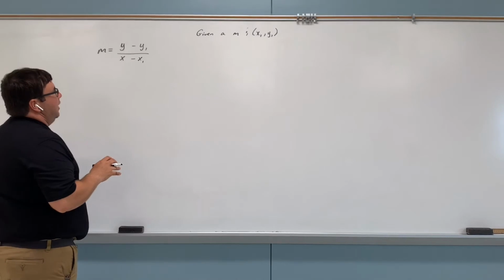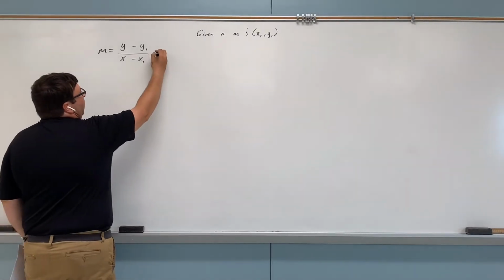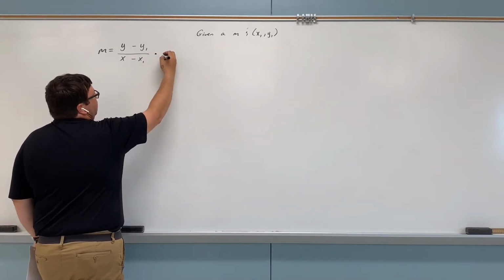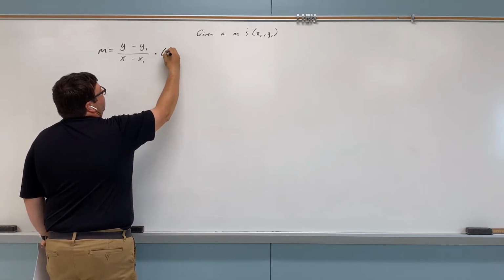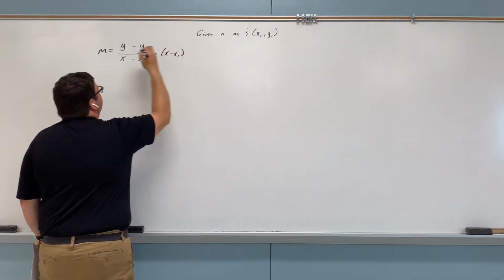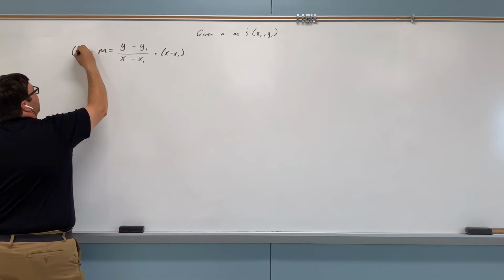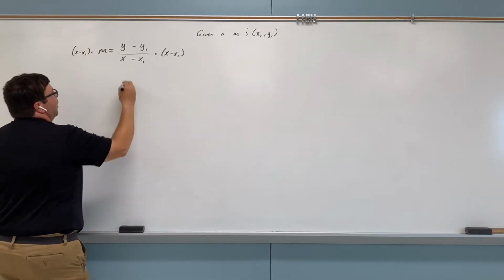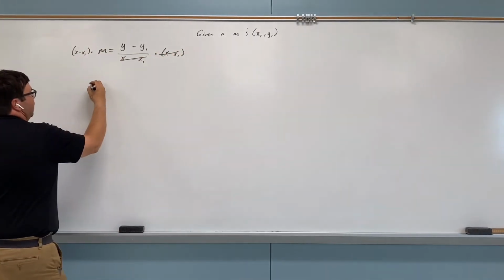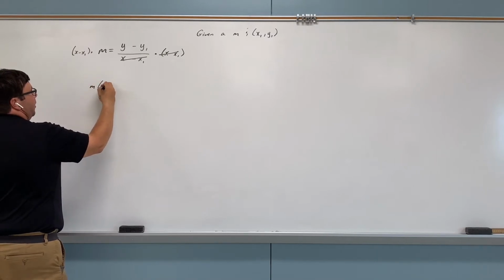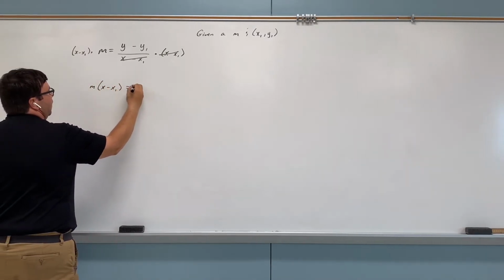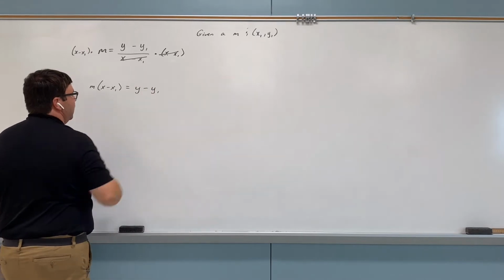With this understanding, if we were to multiply and simplify this as much as we could, multiply to clear our denominator, and thus you would have m times (x minus x1) is equal to y minus y1.